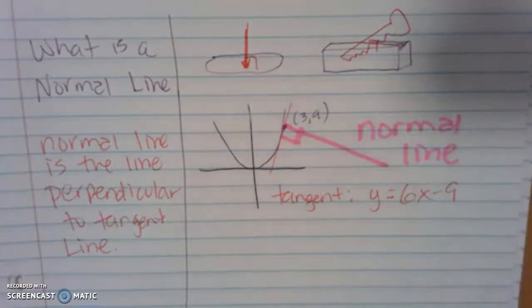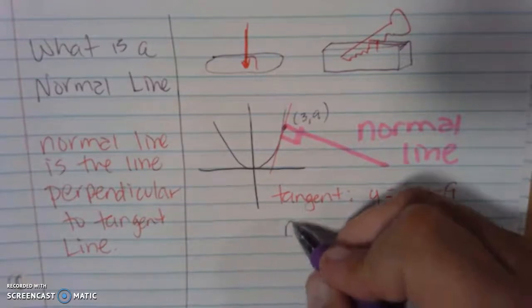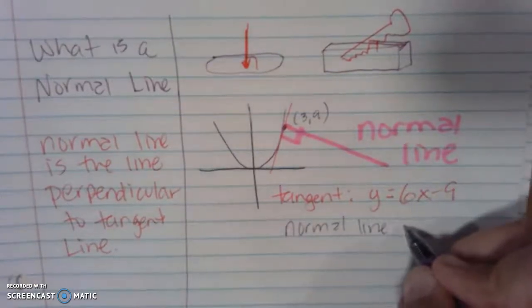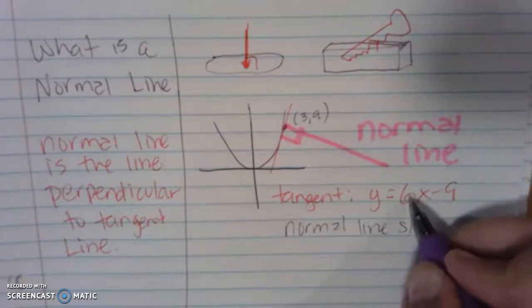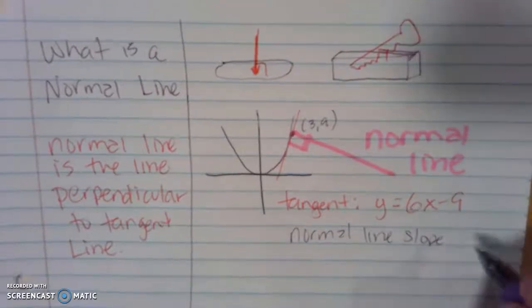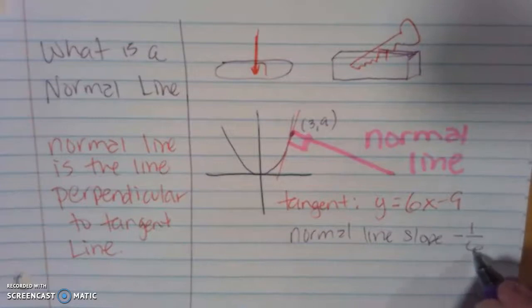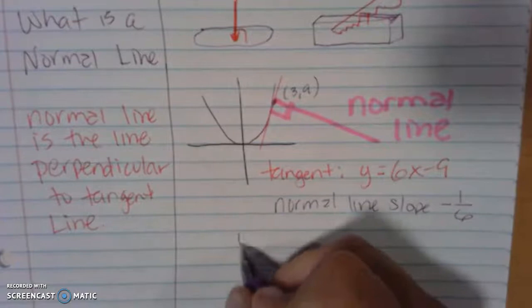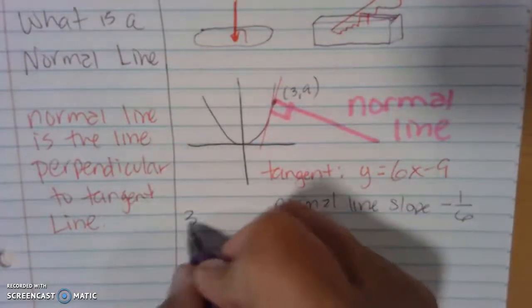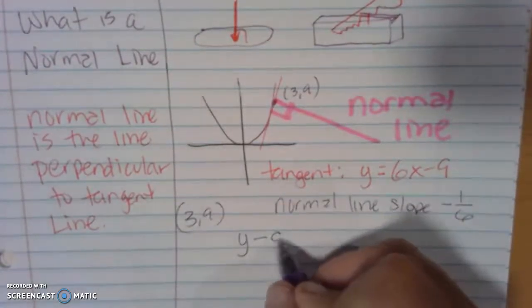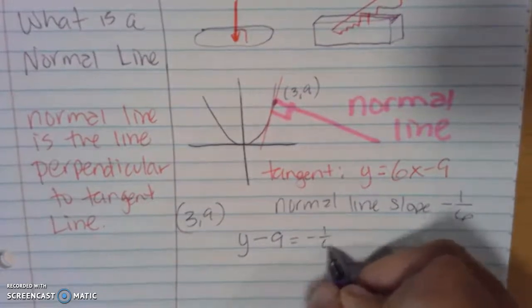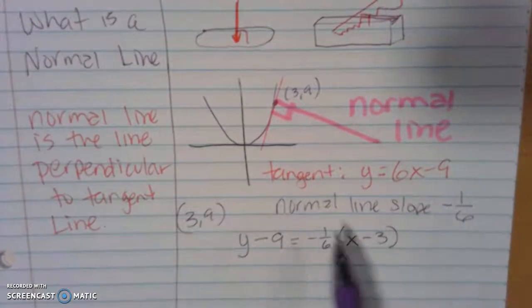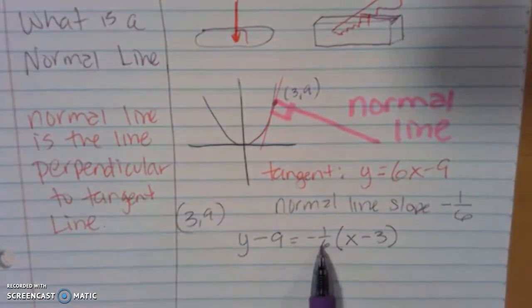Then the normal line would have a slope that is perpendicular to 6, so it would be the opposite reciprocal, negative 1/6. I would set up the equation the same way. If I use the same point (3, 9), y minus 9 equals negative 1/6 times x minus 3. Same setup, but what's different is the slope, because this is the normal line.